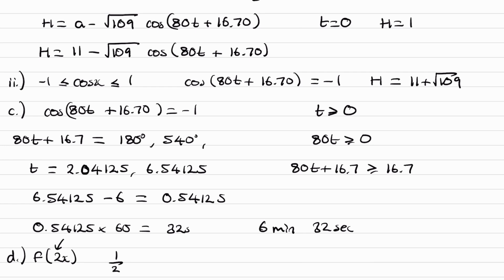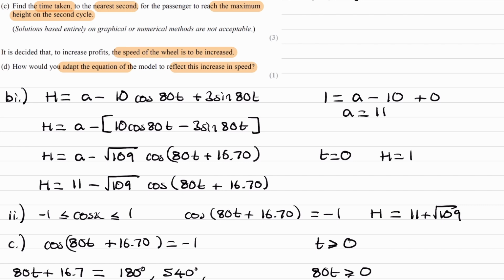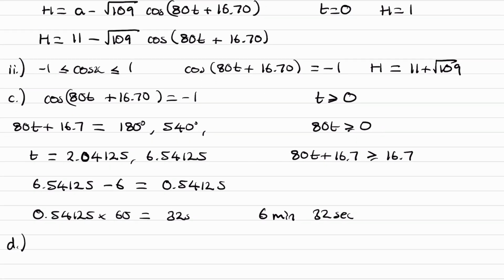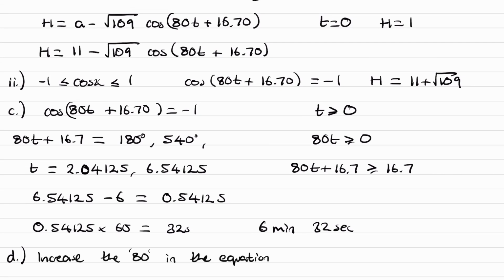If that were 4, it'll be a stretch scale factor a quarter parallel to the x-axis, so it'll be compressed 4 times smaller than what it was to start with. In our case, we want to increase that 80. Going back to the equation that we have over here, we want to increase this 80. That will increase the horizontal compression, which will decrease the time period and therefore increase the speed of the wheel. So increase the 80 in the equation.